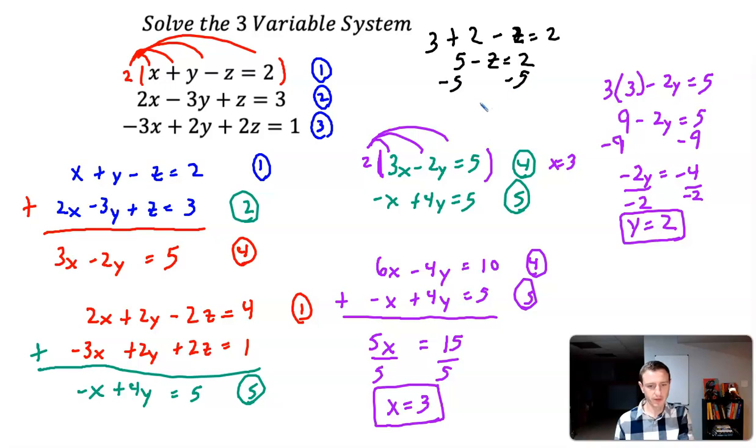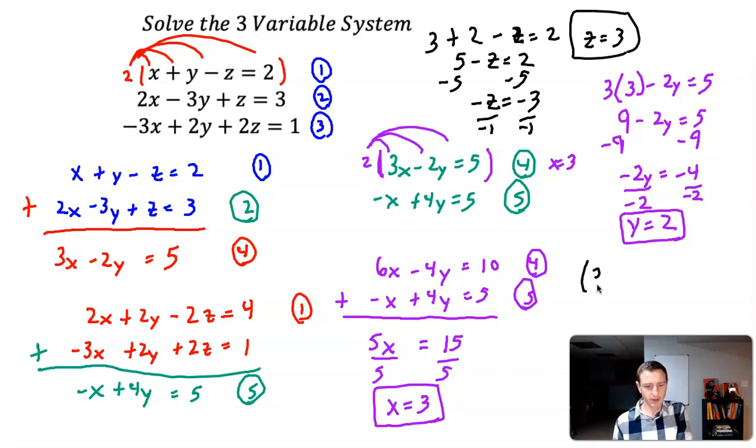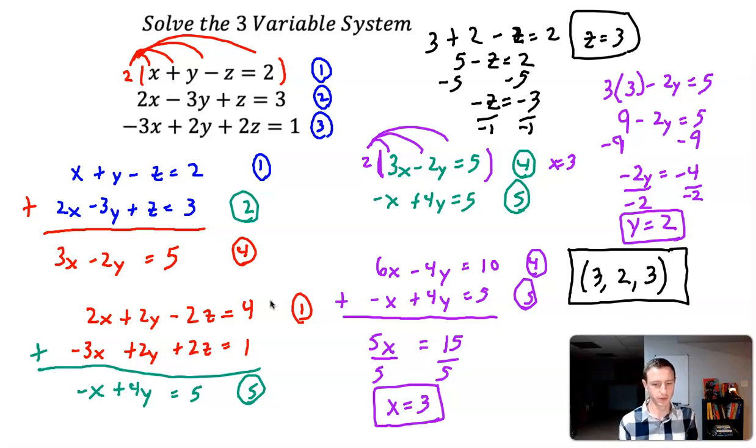Subtract 5. Negative z equals 2 minus 5 is negative 3. Divide by negative 1. And z equals positive 3. Alright, we have our x, y, and z. x is 3, y is 2, z is also 3. So 3, 2, 3 is the solution to this 3-variable system.